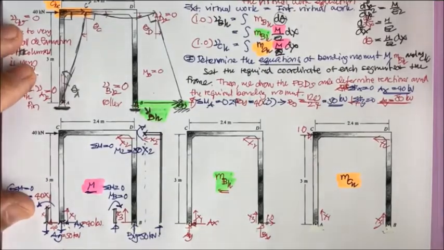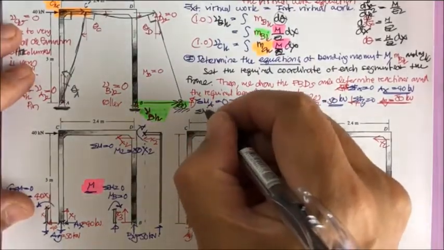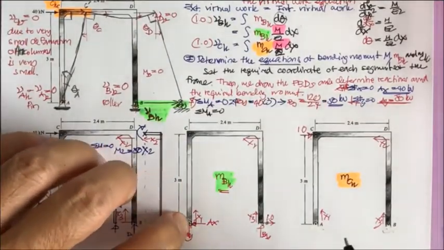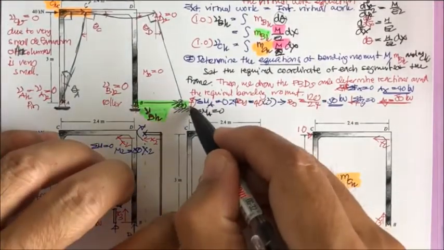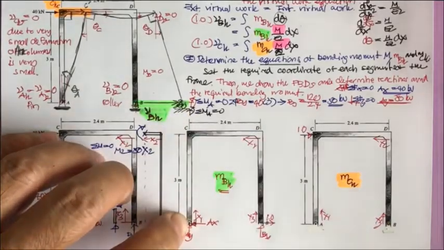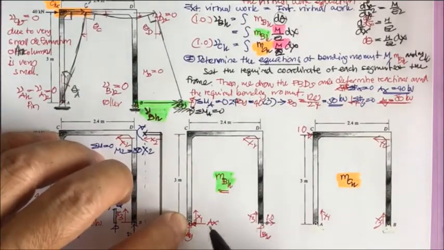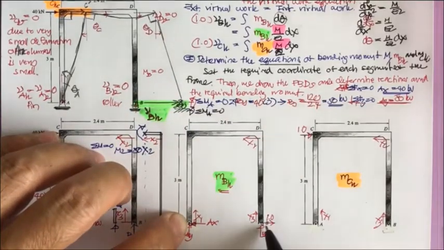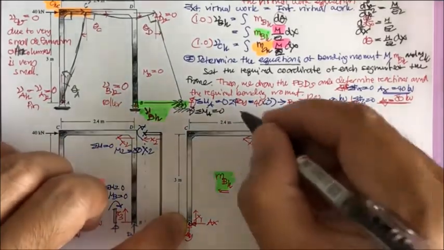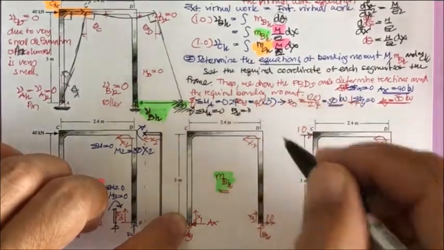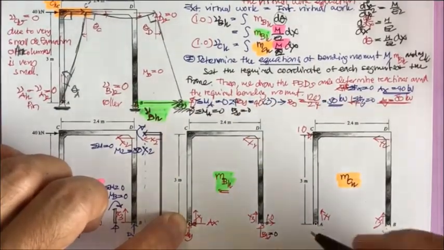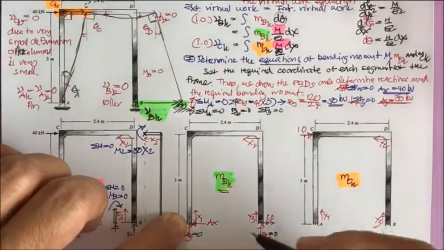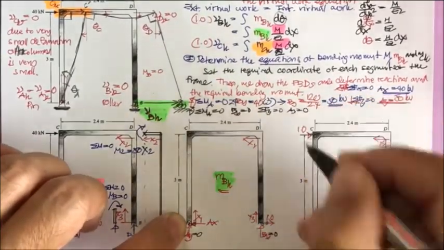If you're doing something like this, you just set up summation of moment M sub A equal to 0. Take moment about here, so B sub y again. Rotate this as a positive. Your B sub y is going to times 3. And then there is no force, so you got B sub y equal to 0. And then if you do summation of F sub y equal to 0, A sub y is going to be 0.